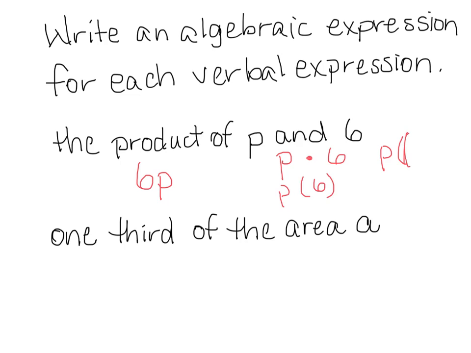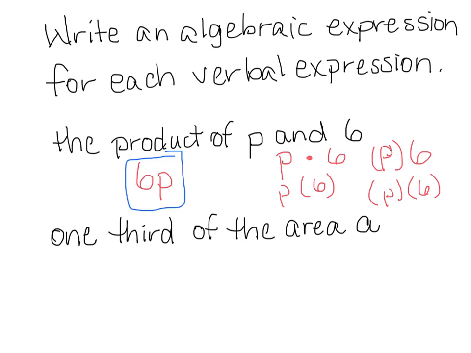You could have also said the p in parentheses with the 6, or you could have put both numbers, the p and the 6, in parentheses. Which one is right? They all are. Algebraically, this one, 6p, is a little bit more acceptable. I would not have counted any of these answers incorrect.